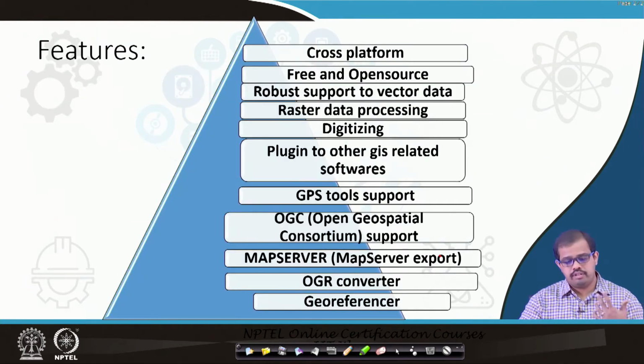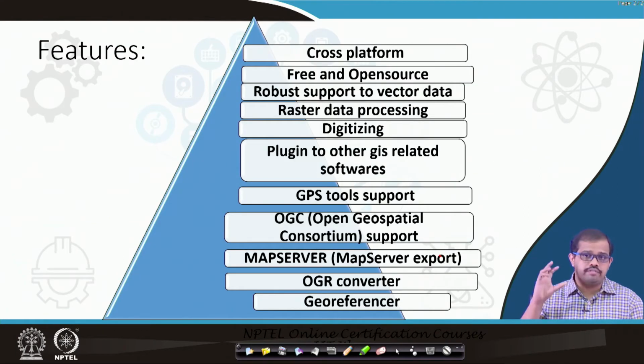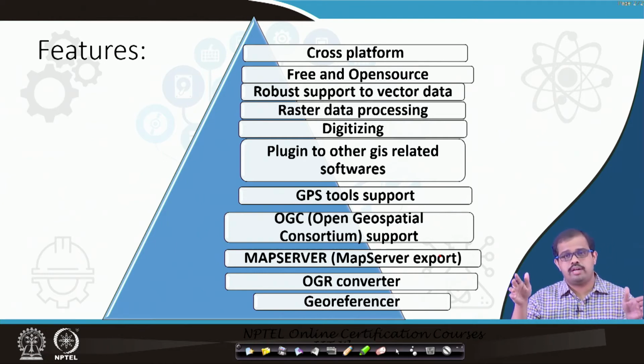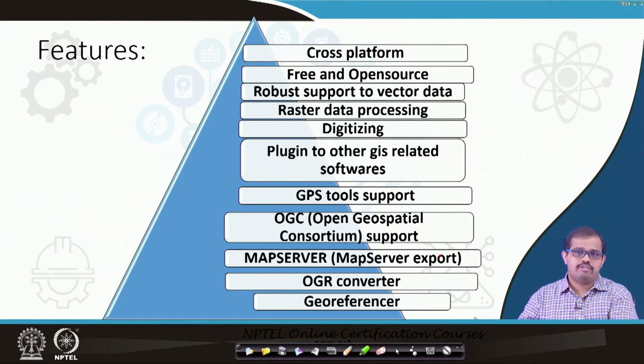When you look at QGIS as a feature, there are certain features of a particular software, why you like that particular software. The first and most important feature is cross platform. For example, in your college you may have a Windows platform, and at home you may be using a Linux platform. Whatever you have developed there can be easily cross platformed here.